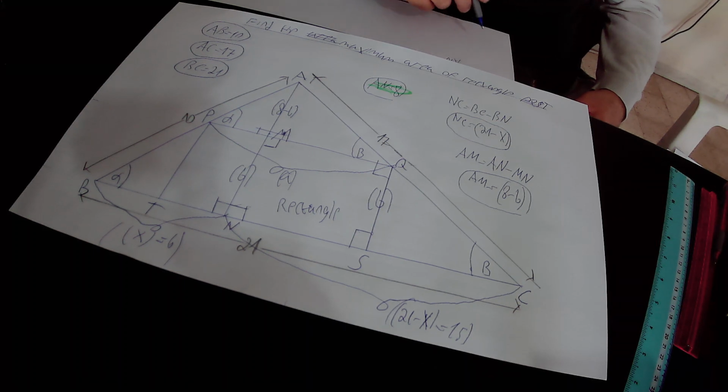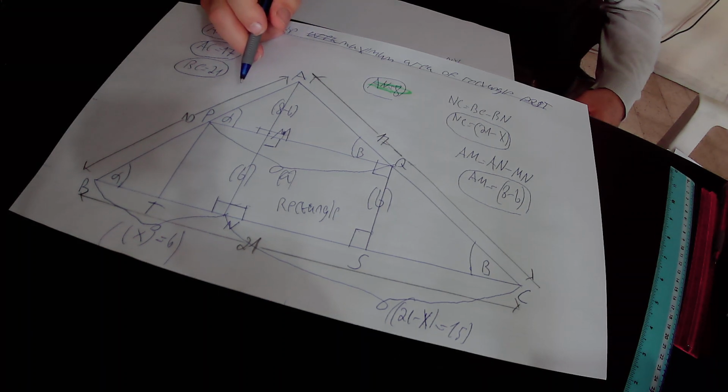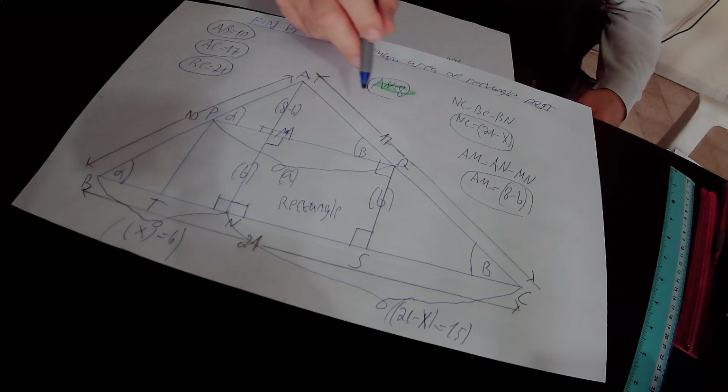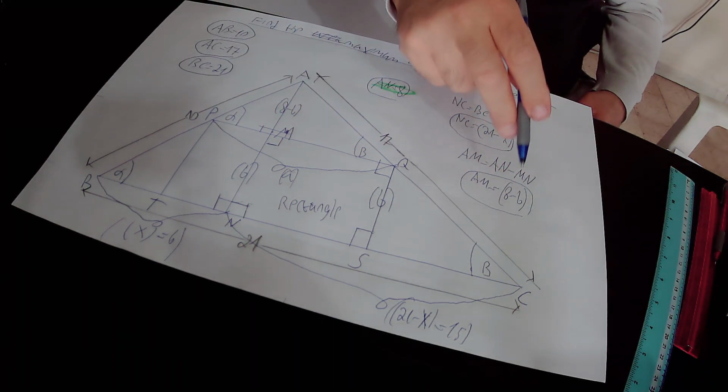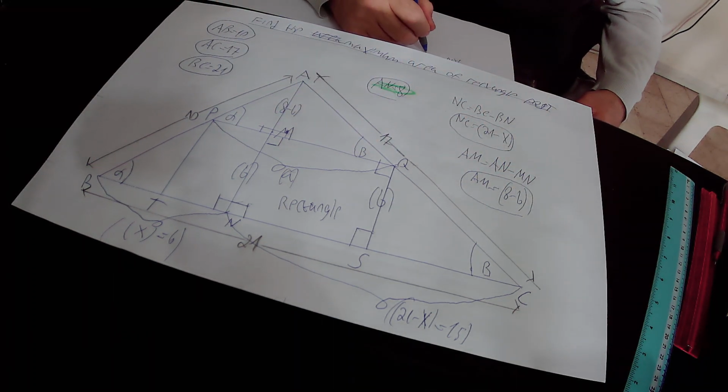So the ratio between the heights must be equal to the ratio between the corresponding sides. So it must be equal to the ratio between side PQ of the small triangle APQ over side BC of the big triangle ABC.